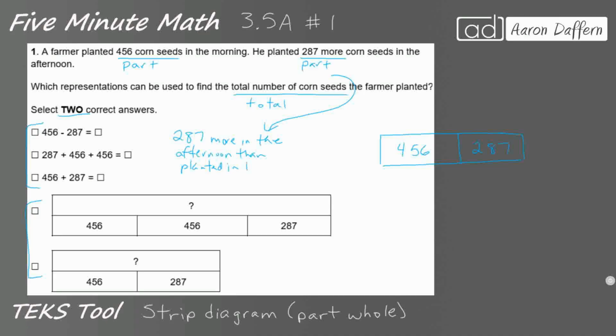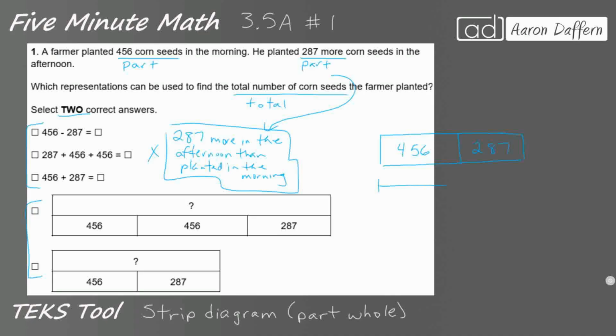This would change it. Sometimes you'll see problems like this. They'll actually have a comparison. They didn't tell us this. They told us that we just have 287 more in the afternoon. But sometimes if they say we have 287 more in the afternoon than he planted in the morning, that would actually shift our problem. So we don't have this. But we need to keep our eyes open for that in case we run across that in a future problem.